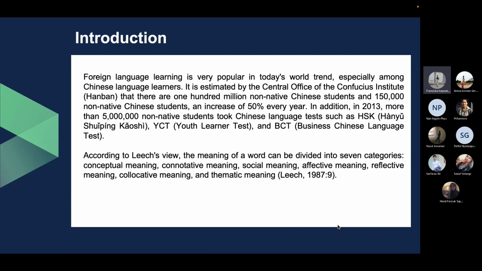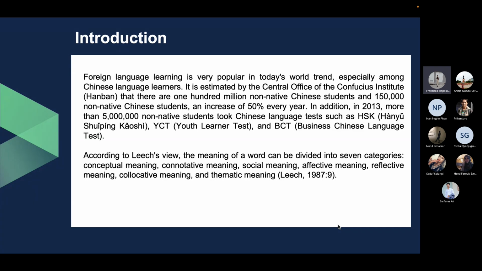So for the connotative meaning, it's connected to a certain word. For example, the connotation for the word snake could include evil or danger. And then the social meaning is based on the social context that the words are used in.